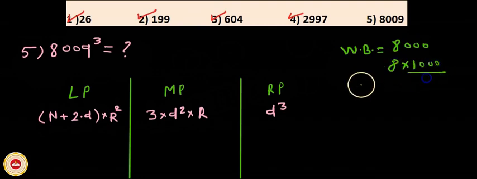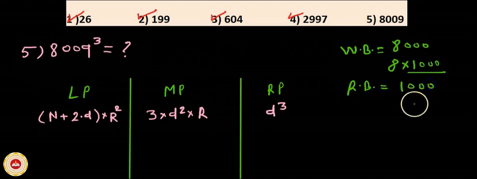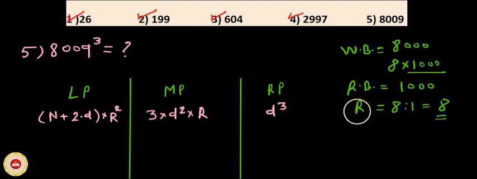So this 1000 is the real base. What is the ratio of working base to real base? This ratio is 8000 to 1000, that means 8 to 1, that means 8 only. So we are going to use this ratio R equal to 8 in the calculation of left and middle part.